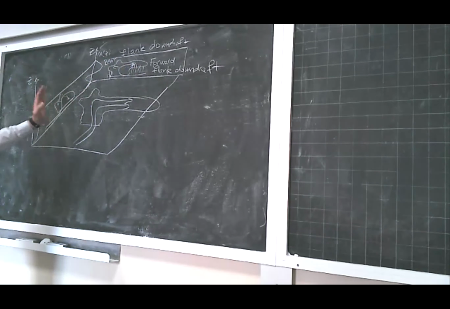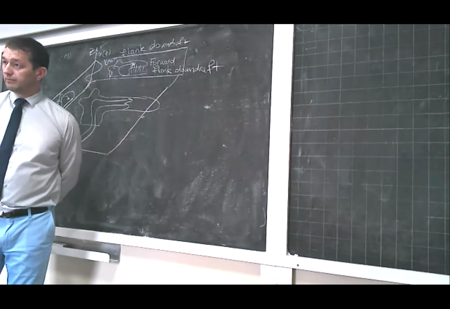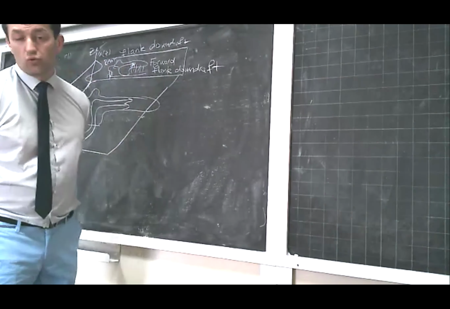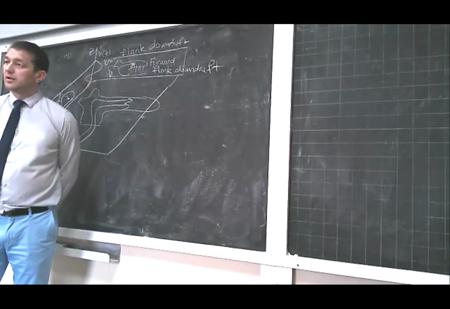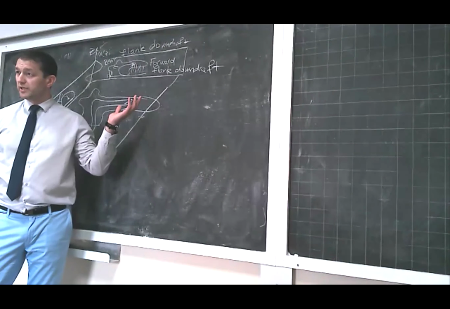What we plotted here is the so-called classic supercell. There are two sub-sections of supercells. One is called high precipitation supercell.